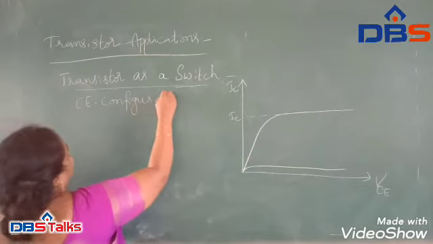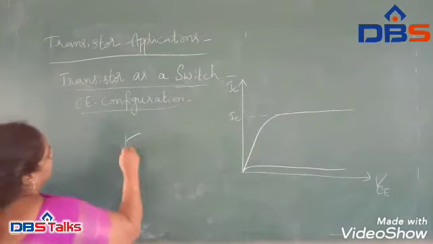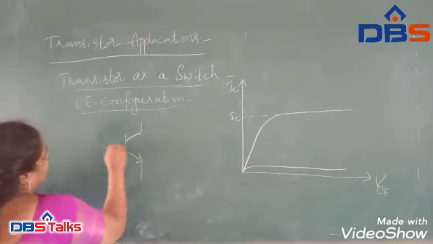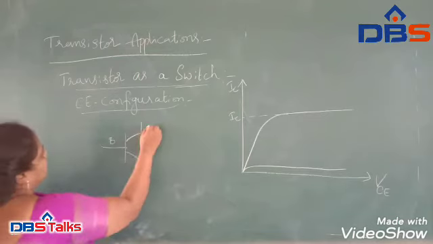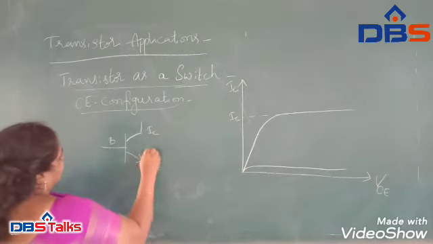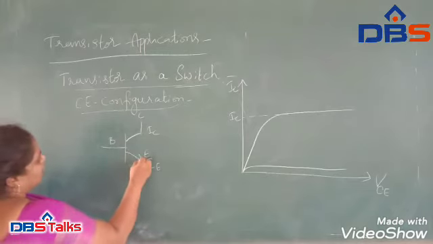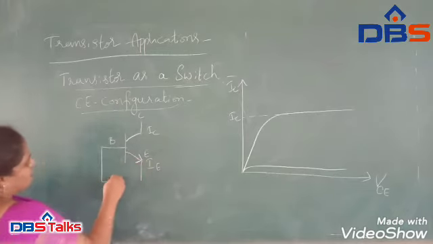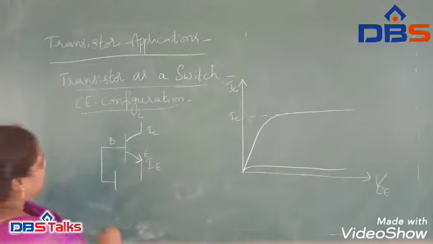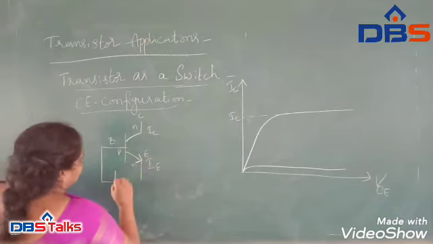CE configuration. So we can take the circuit diagram with base, collector and emitter terminals. What is the condition? The input junction is in the forward bias condition. It is an NPN transistor.